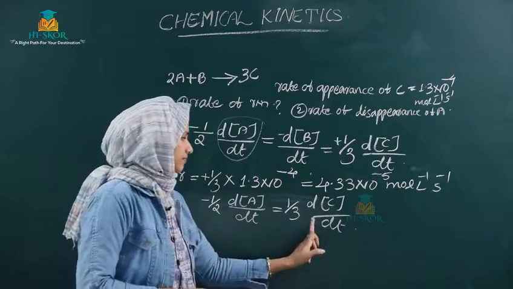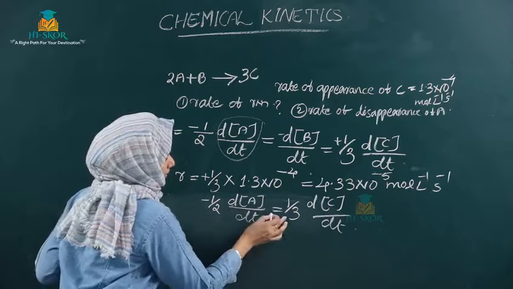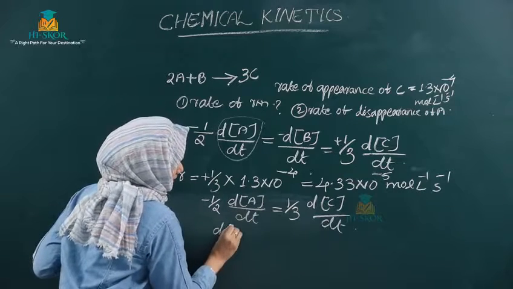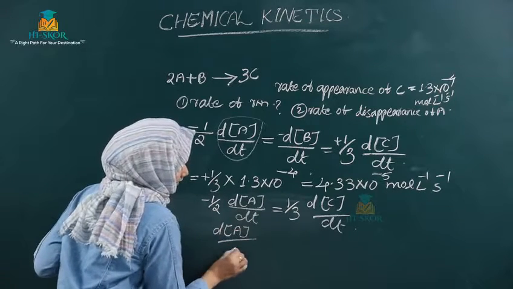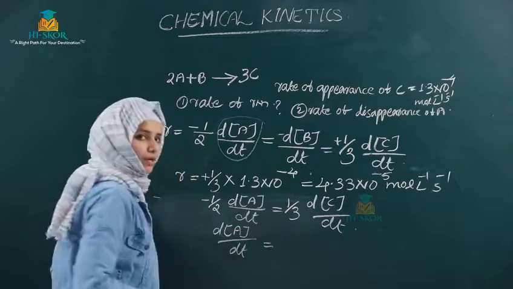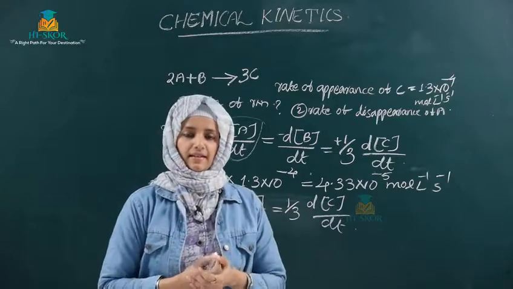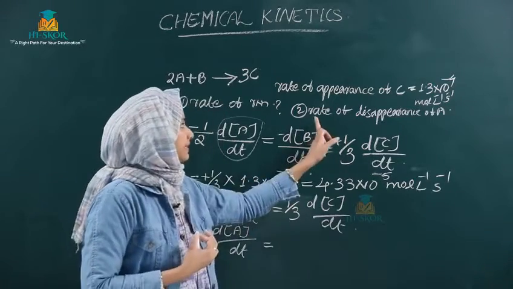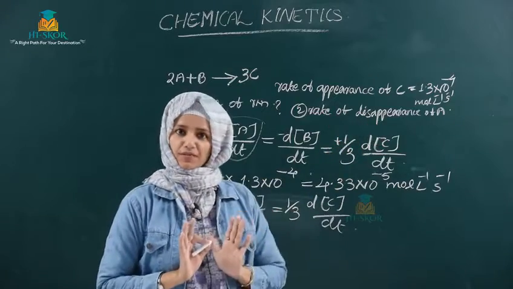Okay. dC by dt you know. So dA by dt is equal to, I am not using a negative sign here. They already asked the question like this, rate of disappearance of A.